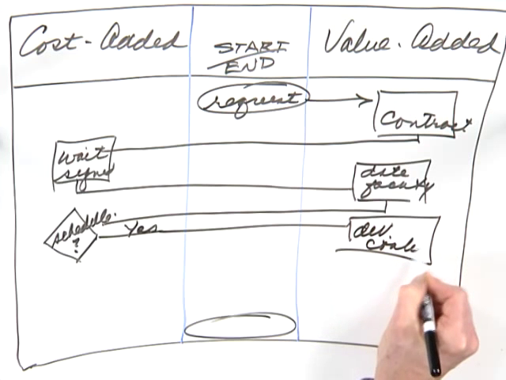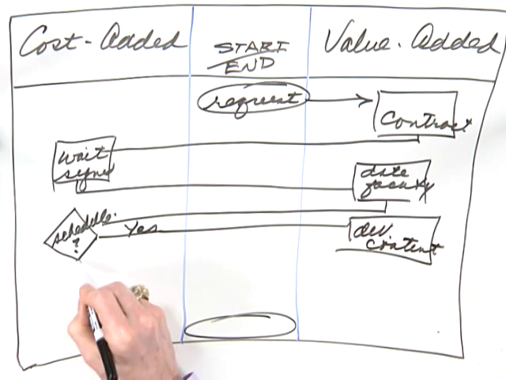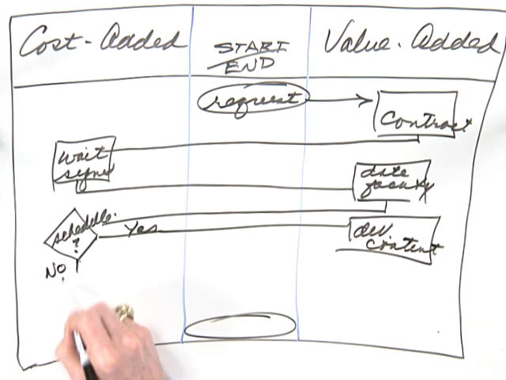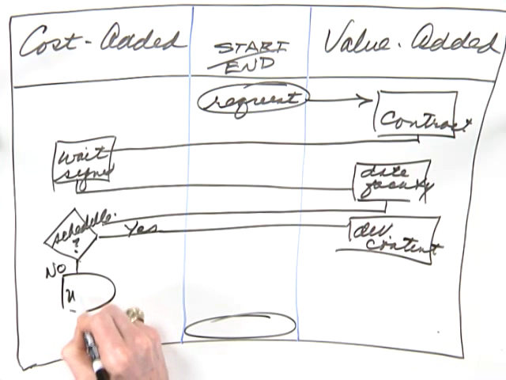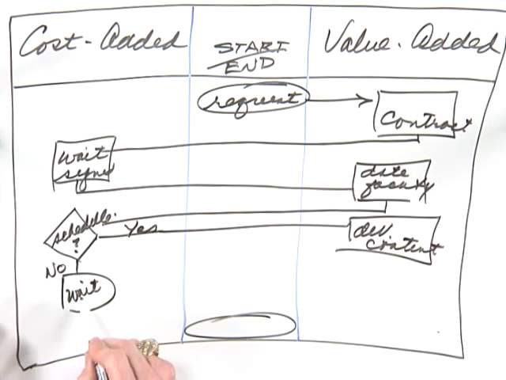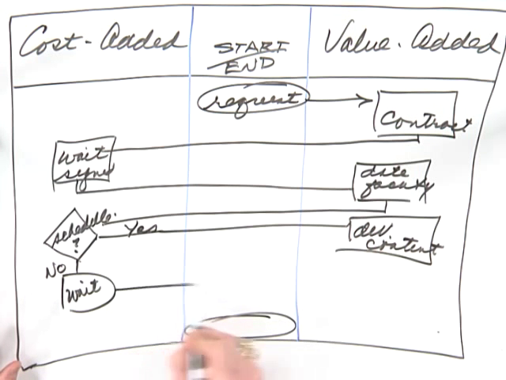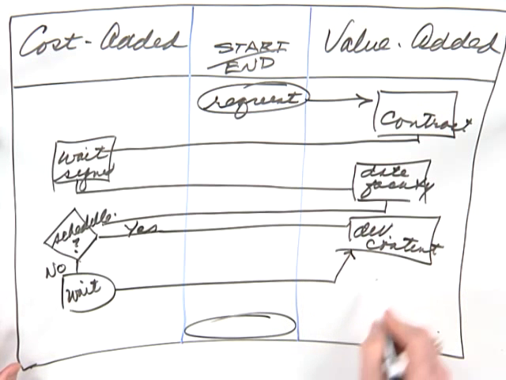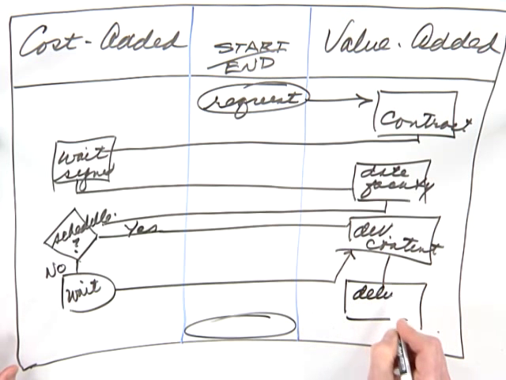We'll just say develop content at this point. But if the answer is no, what do we do? You now have to wait until we're able to come up with dates that match the faculty and the requesting organization. At some point, that is resolved, and you come back, finish developing the content, and you move on to actually deliver the program.